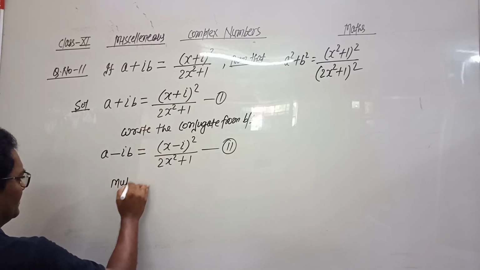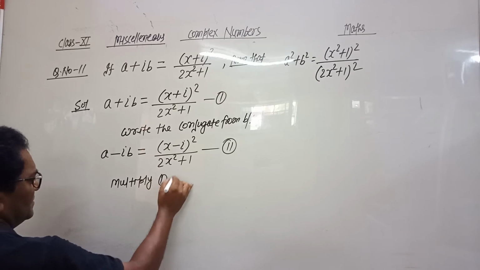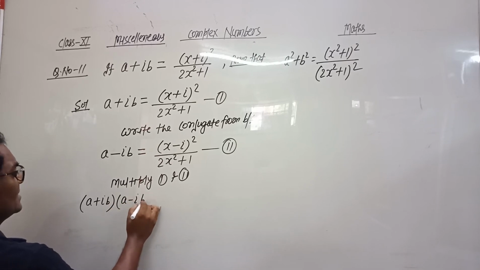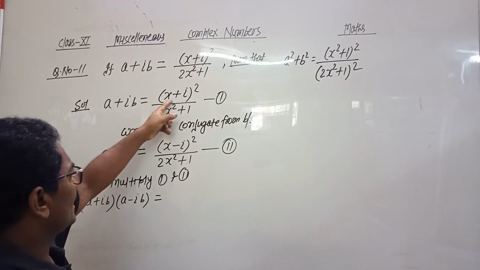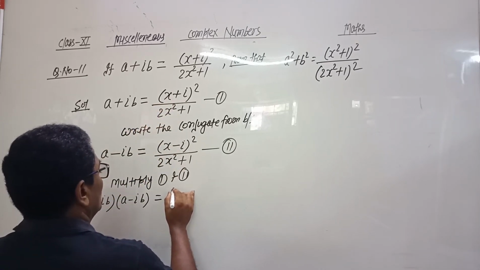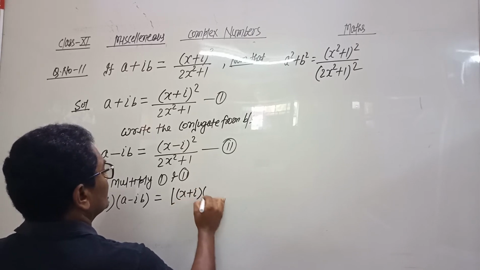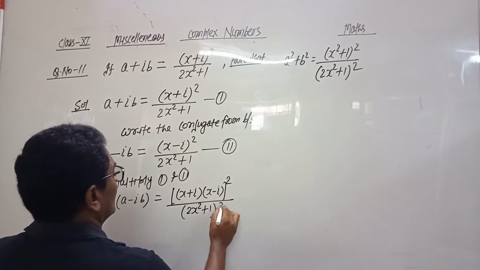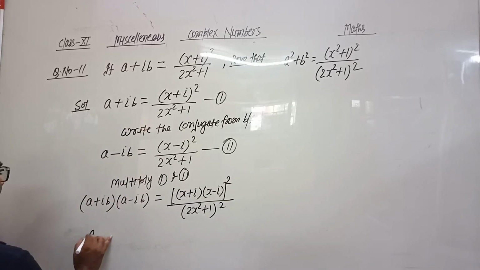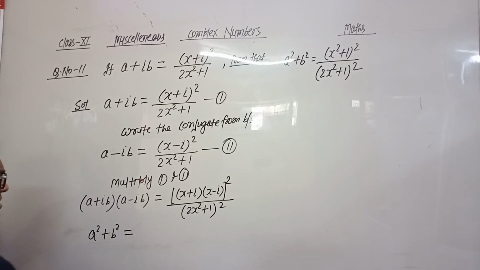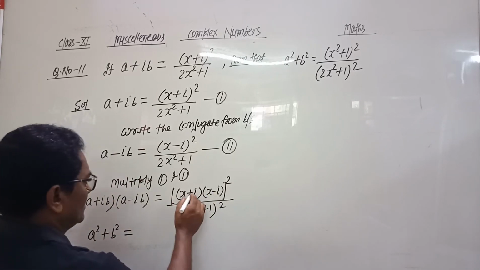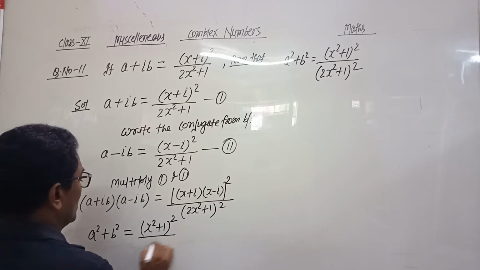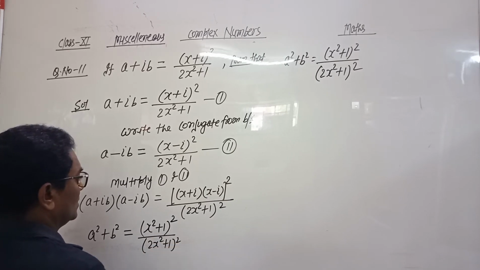Multiply first and second. So (a plus iota b) into (a minus iota b) equals (x plus iota) into (x minus iota) the whole square upon (2x square plus 1) the whole square, and from here we get a square plus b square equals (x square minus iota square, means x square plus 1) the whole square upon (2x square plus 1) the whole square.